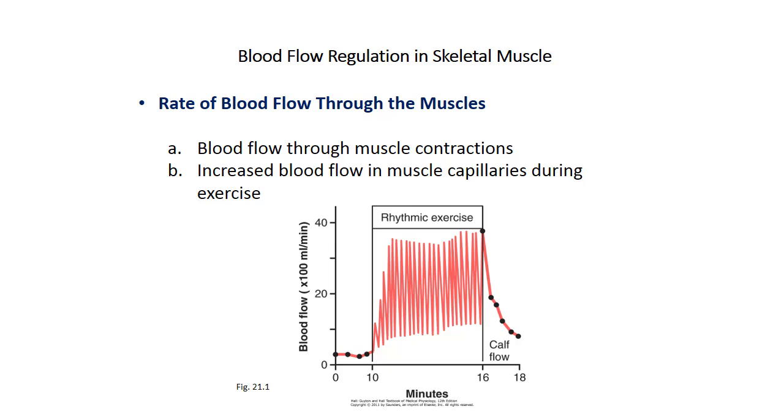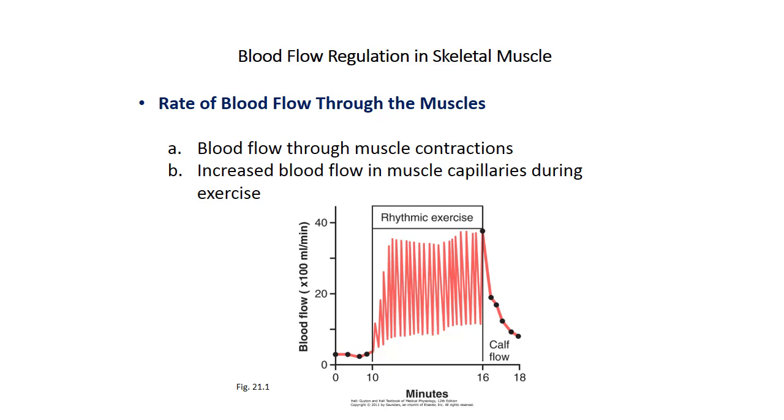Let's talk about local chemicals. When we are doing exercise, muscles use oxygen for producing ATP and energy for contraction of muscle cells.